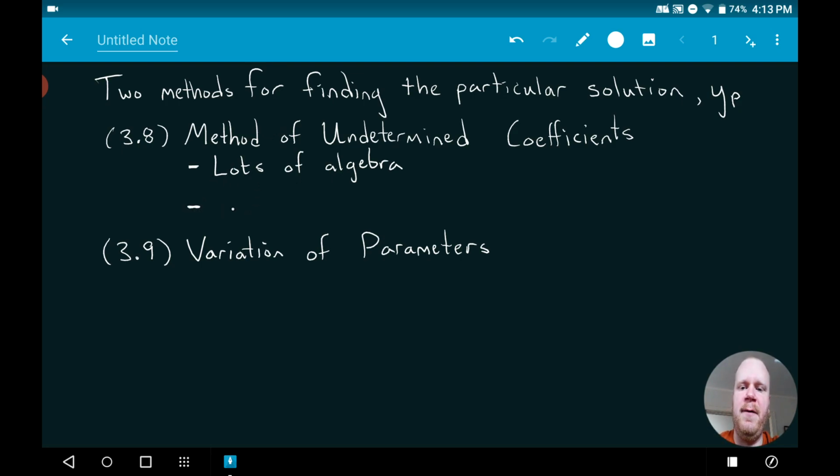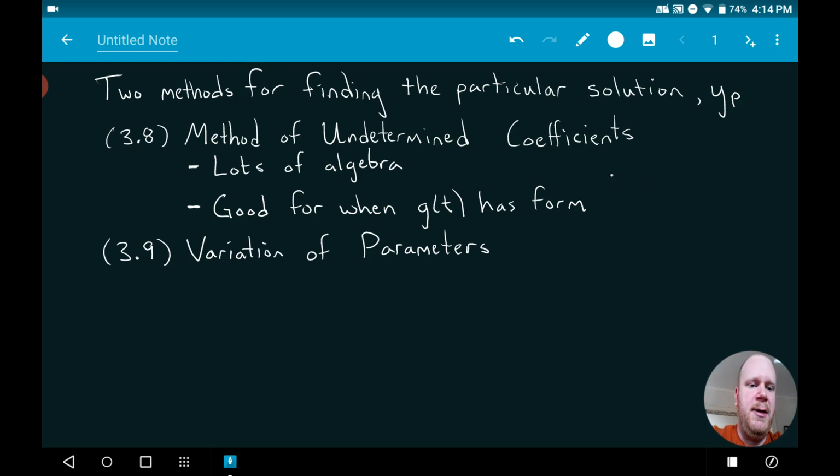The other thing, not really a benefit, just a comment on it, is that it's only going to work when our G of t, that's the right-hand side of your non-homogeneous differential equation, has a form that involves one of these three things.